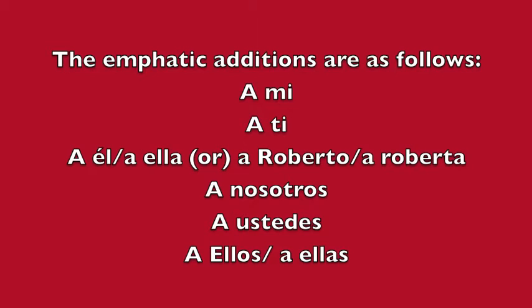To te gusta, you add a ti. To le gusta, you add a él or a ella, or a person's name, a Roberto, a Roberta. To nos gusta, you add a nosotros. To les gusta, you add a ustedes if you're referring to you all. Or to les gusta, you can add a ellos or a ellas if you're referring to they.